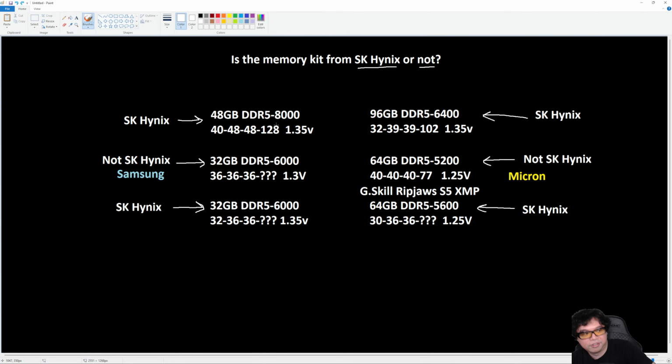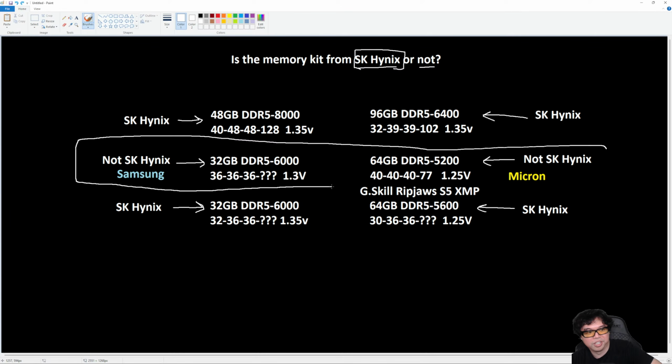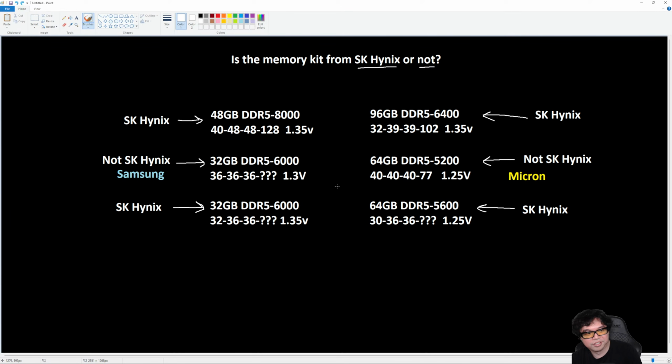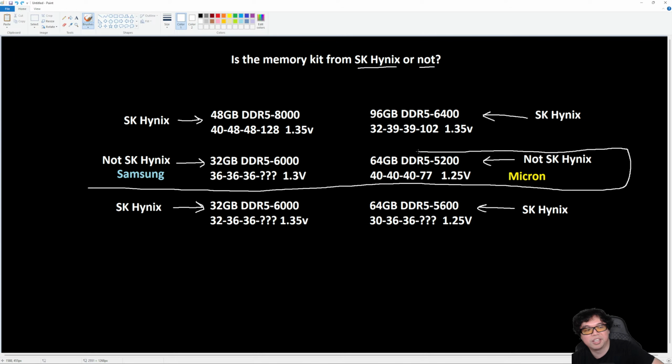There is a pattern to visually look and immediately eyeball if a memory kit is SK Hynix or not. Notice that you can't really tell when it comes to the two in the middle. A lot of people were saying it's not Hynix, but they didn't really know what it was.